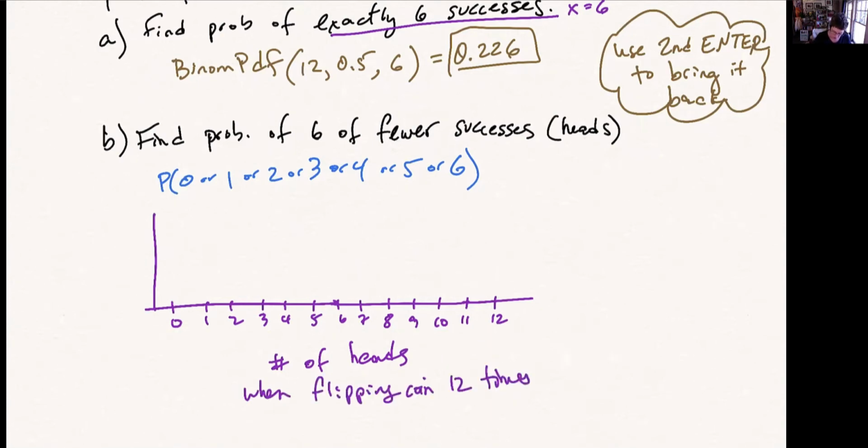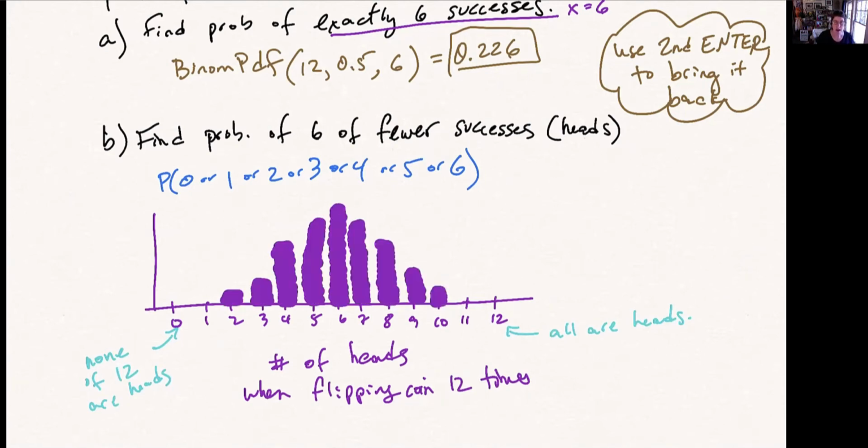Just to be clear, when I'm looking at this 0 here, that means out of the 12 times, none are heads. And on the opposite end of the spectrum, this 12 means that all of them are heads. And this is my distribution of all those coin flips.